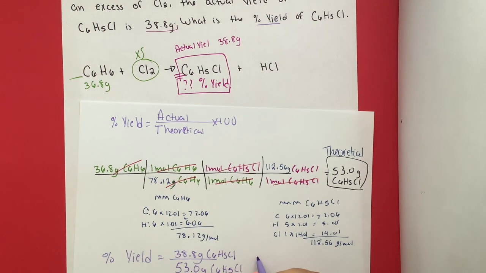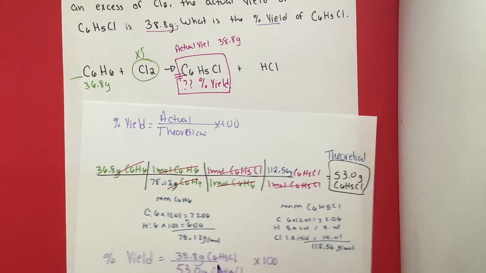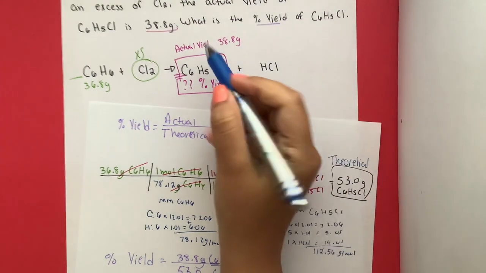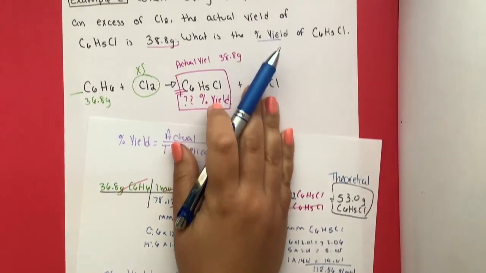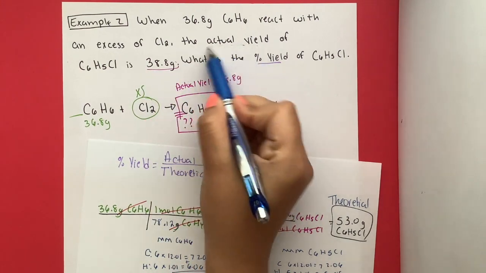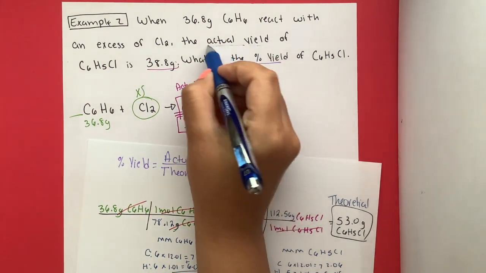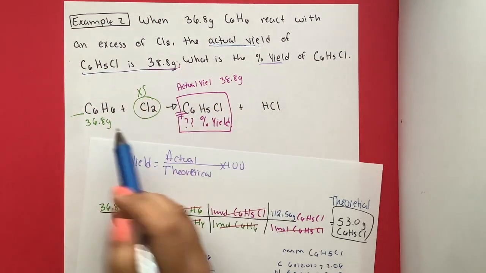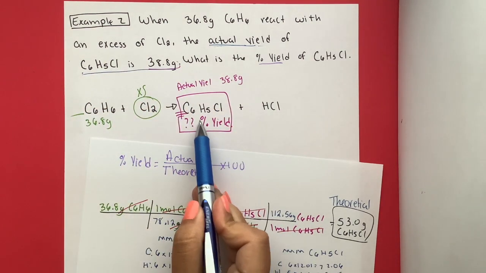Now, an important thing to note is that it has to be the same unit and the same compound. Whatever the question gives you the actual yield for, in this case C6H5Cl, that's why we solved for C6H5Cl.